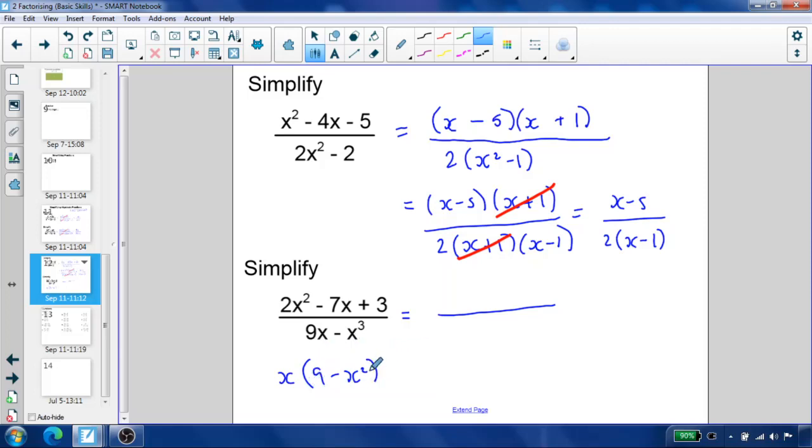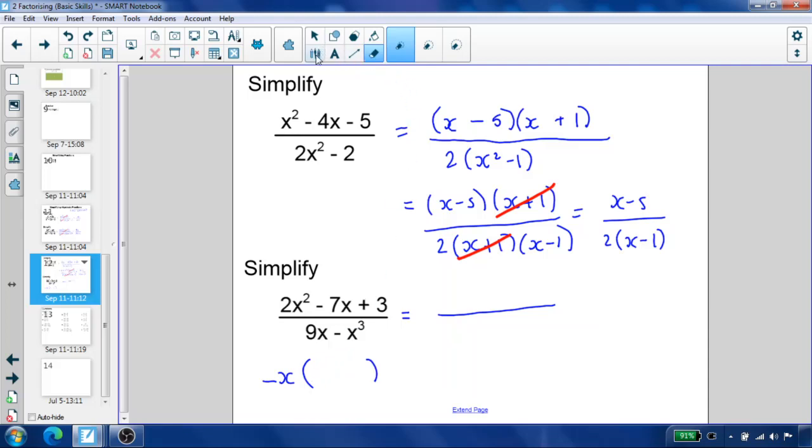Now, I can still work with that. It just might get a little bit more difficult when we get up to the numerator part. So instead of taking out just an x, I'm actually going to take out a negative x, because that will make sure that the x squared in the bracket is positive and not negative.